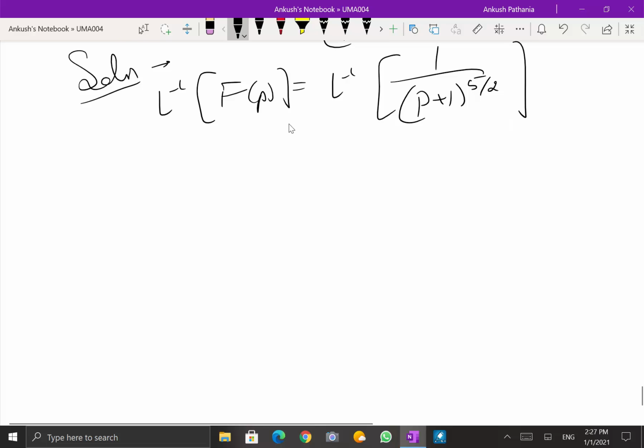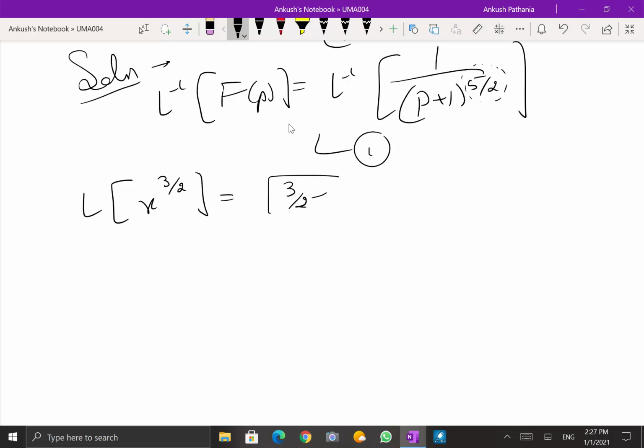Again, in the denominator of F(p) you have 5 by 2, a real number. So the formula for Laplace of x raised to power n, here x raised to 3 by 2, I am now doing directly: it is gamma of 3 by 2 plus 1, and in the denominator I will get p raised to 3 by 2 plus 1, that is 5 by 2.